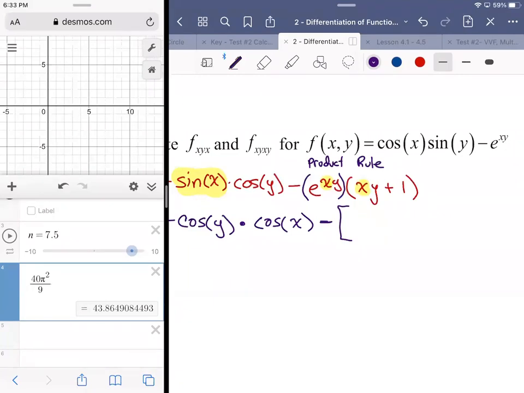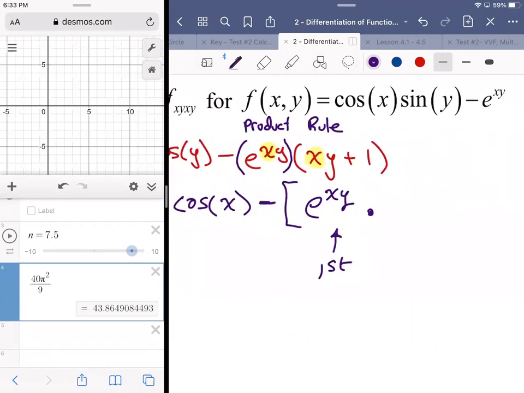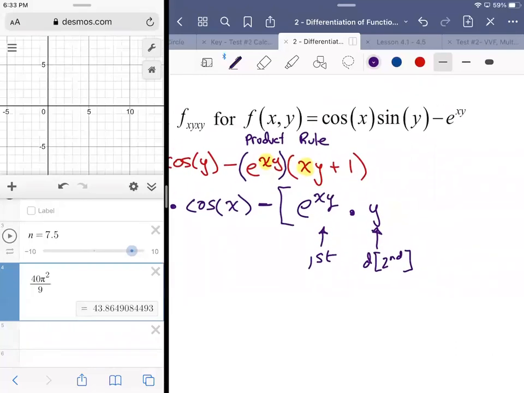So e to the xy, that's the first function. Then I want the derivative of the second, so times the derivative of the second, which with respect to x would be just a y, right? Derivative of x is 1. So the 1 goes to 0, so that would just be a y. So that's the derivative of the second. Maybe a little note there for organizational purposes.